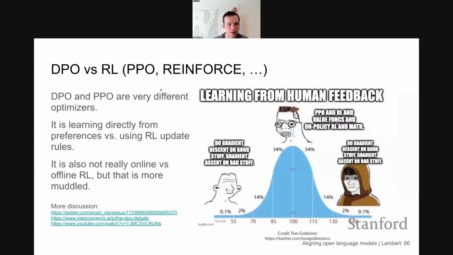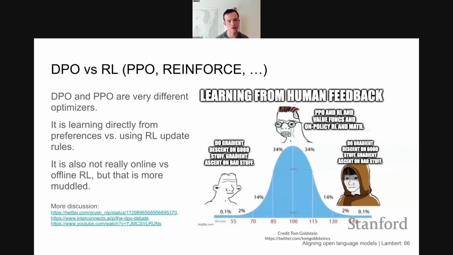And there's this whole debate that has gone on, kind of crushing a whole bunch of these questions by redirecting them in a very political manner. But it's like, should we use REINFORCE? What about PPO? What about other things? They're very different styles of optimization. In one half, we're using RL update rules, which is ultimately about learning a value function and then taking gradient steps with respect to that value function.